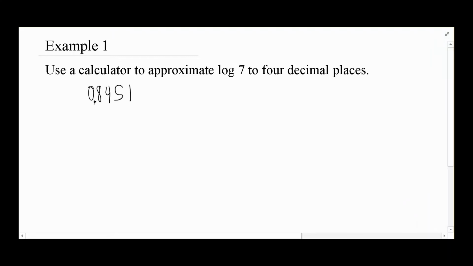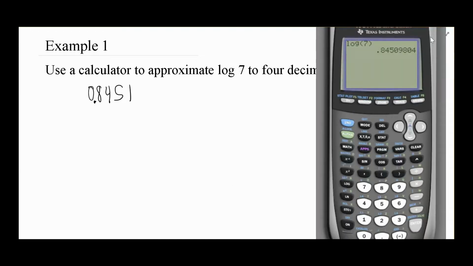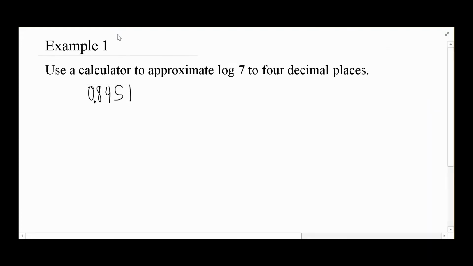Once we round that 4th decimal place up, again, I'll bring the full version up so that we can see it together. The 5th decimal place was 5 or larger, therefore we round the 4th one up by 1. And that's it. That's the start to figuring out how this whole common log thing works, is the fact that we can put a common log into the calculator.